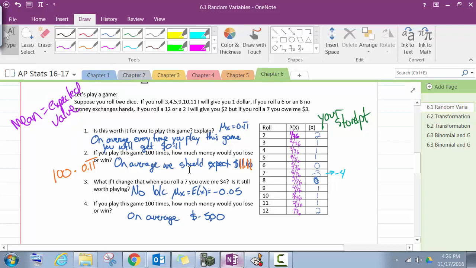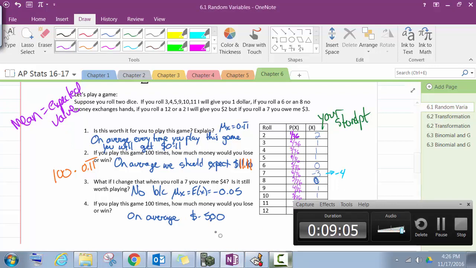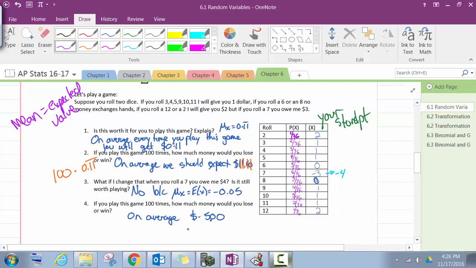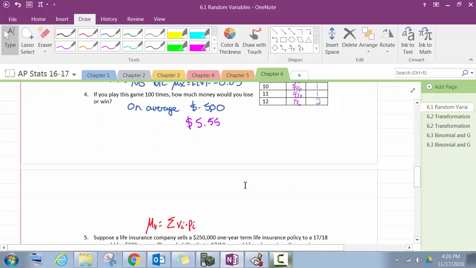That's what probability is. So you would lose 5 cents. If you play this game 100 times, how much money would you lose? $5. Actually, I guess you would be losing $5.55 since it's 5 repeated. So I get that extra 55 cents, and I want to make sure I get that.